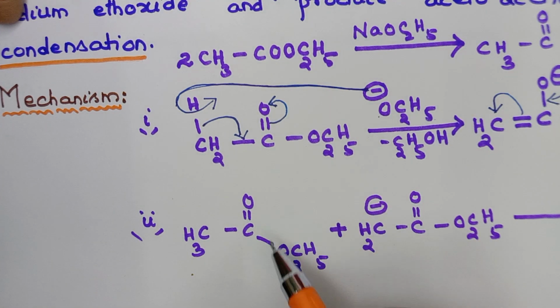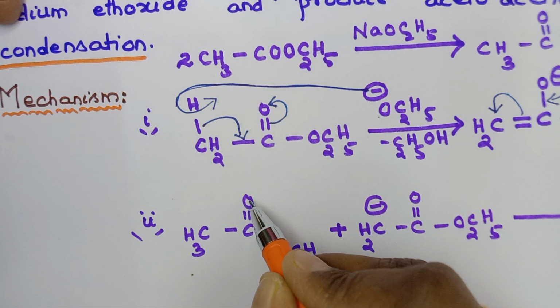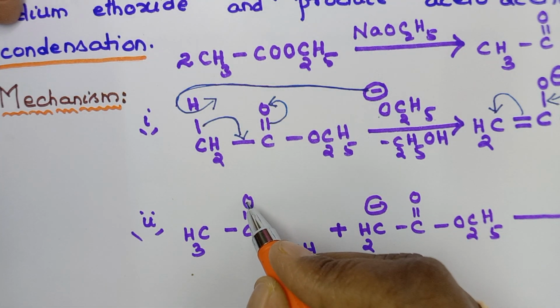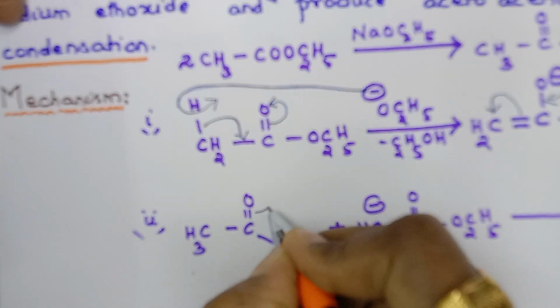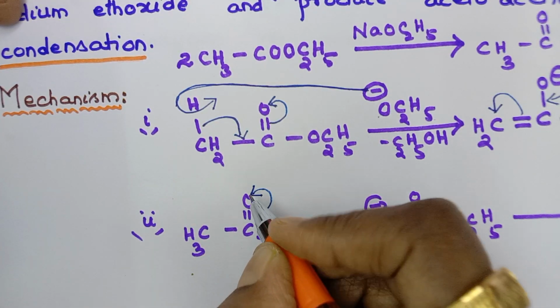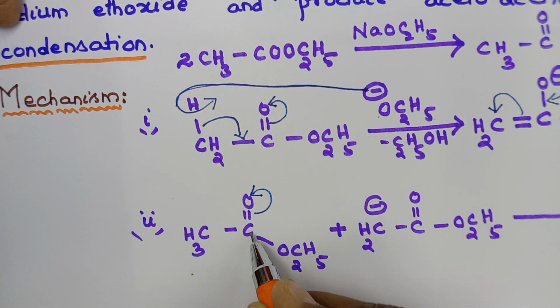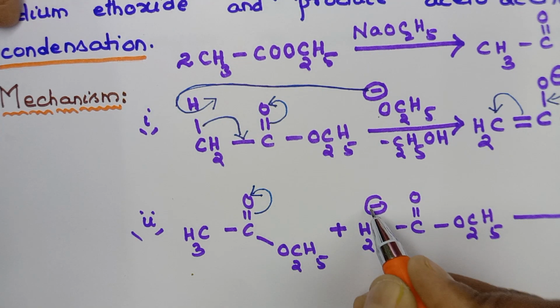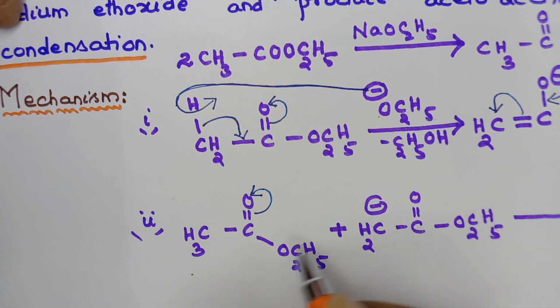You can see here C double bond O. Which one is more electronegative, students? Oxygen. So this bond is shifted to oxygen. So O becomes O minus and C becomes C plus. So here comes this negatively charged carbon attacks this positively charged carbon.